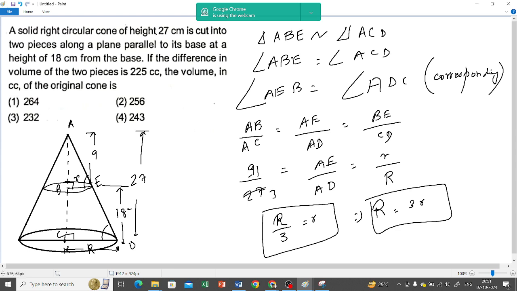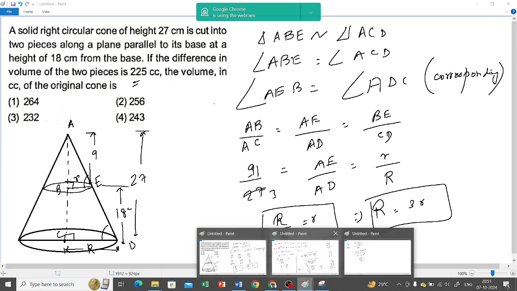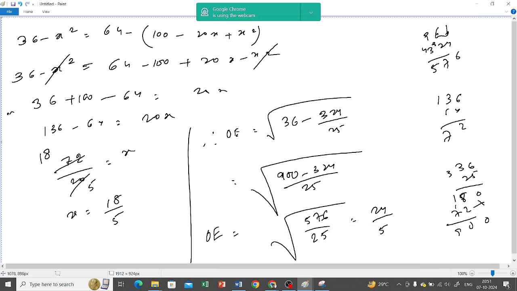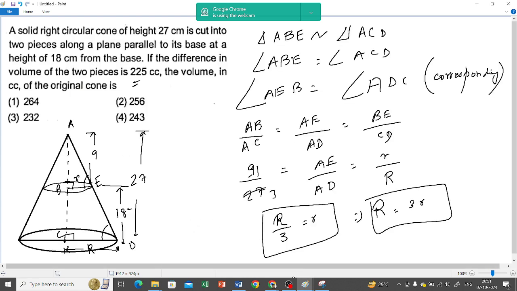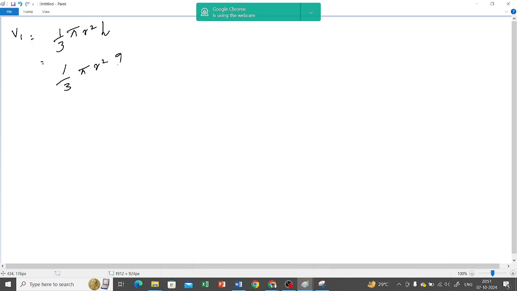Now it is given that the difference in volume is 225. Fine. So what is the volume of the smaller cone? 1 by 3 pi small r square h. That is 1 by 3 pi, small r square, and h is 9. So that is 3 pi small r square.